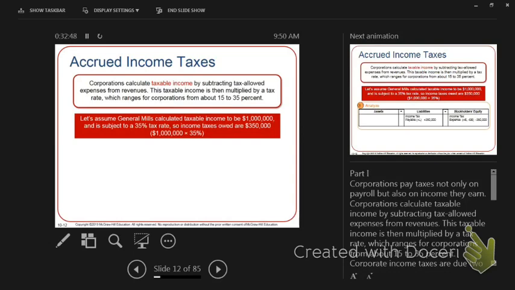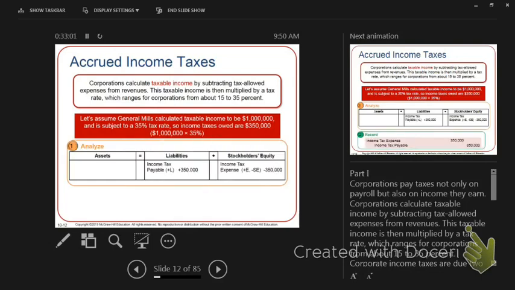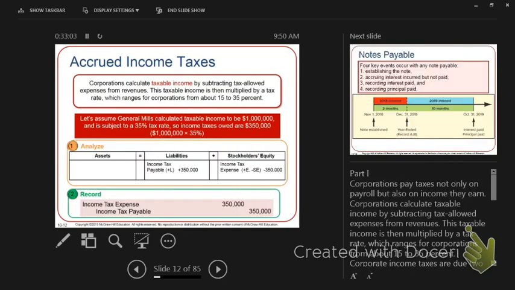General Mills taxes are going to be on their income, not their payroll. They're going to pay their taxes at the end of the year, and they're going to be taxed at a rate based on if they're up in the millions, they're going to probably be at the highest tax rate. And we've done this journal entry all year. That's the adjusting entry that we can't do until we've done all the other adjusting entries. All right, so let's stop there and look at a problem.